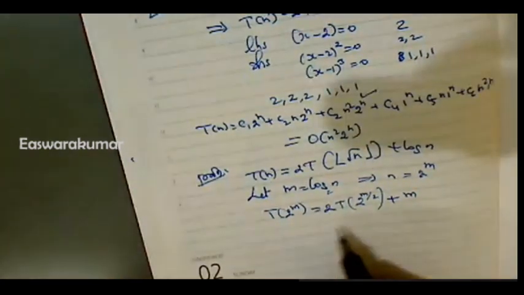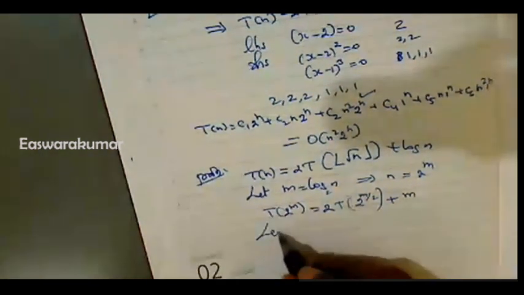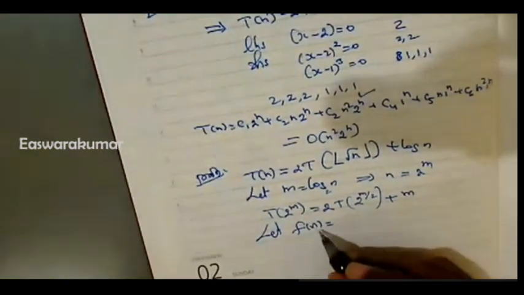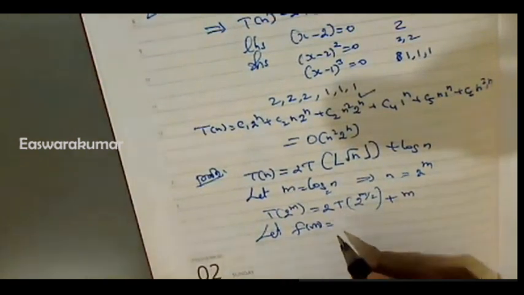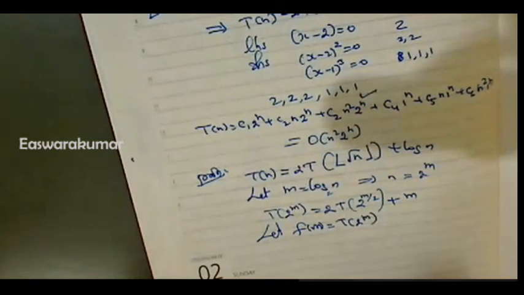Now, again, the power is having m by 2, but it is not like m minus 1, m minus 2 like that. So we have to bring it to that particular format once again. So once again we are making substitution. Let f of m is equal to T of 2 power m. Then what happens?